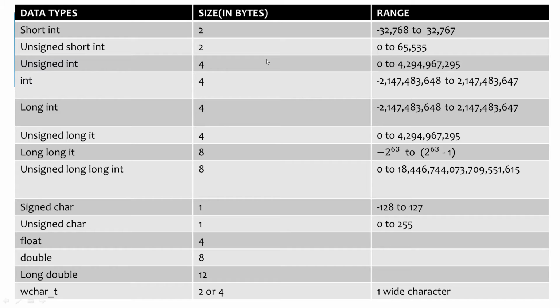So I've told you that this table will help you later in programming. Unsigned short int is there, unsigned int is there. In unsigned, the negative numbers are not taken into consideration, only positive numbers are there.